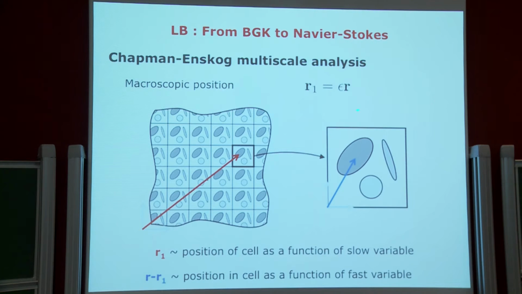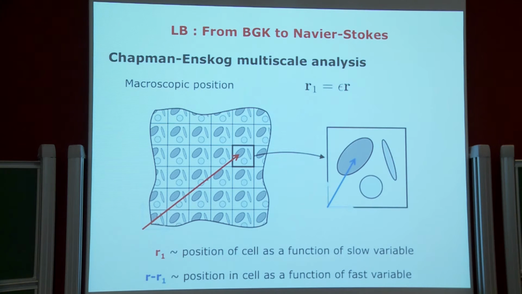So if R here is your position on the microscopic scale, then you will introduce variables that vary slowly on the large scale, and the ratio between the two gives you a parameter epsilon, the ratio between the small and large scales.